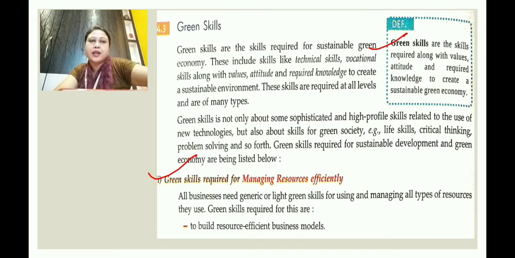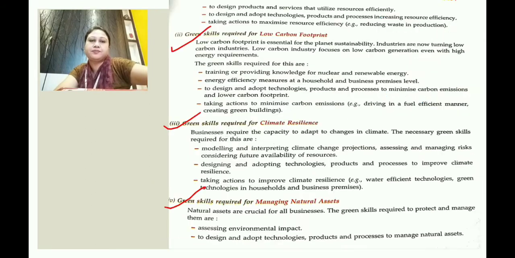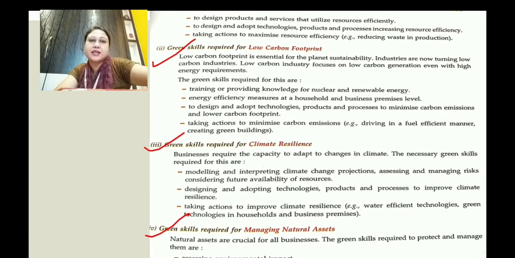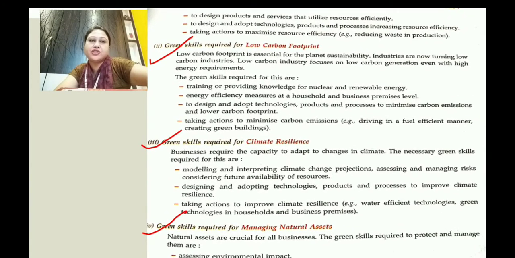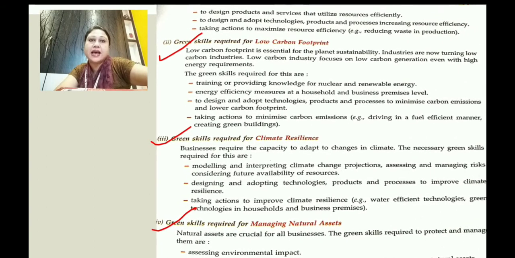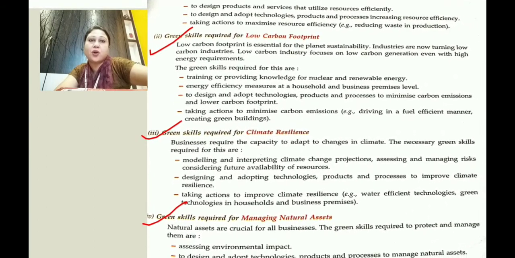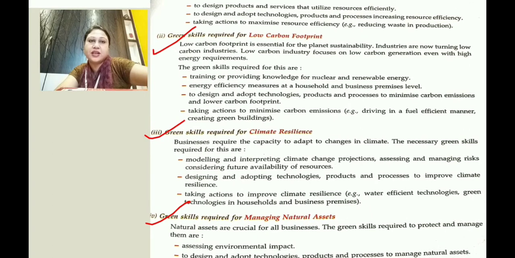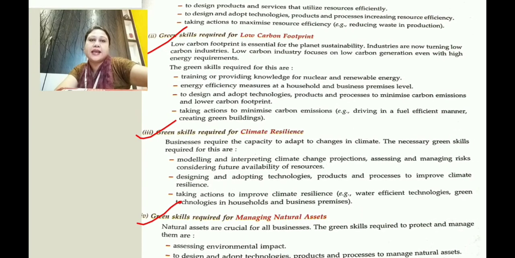All right. Then next one, to design certain products and services, okay, which utilize the resources efficiently, and to design and adopt certain technologies, products or processes which increase resource efficiency, okay.